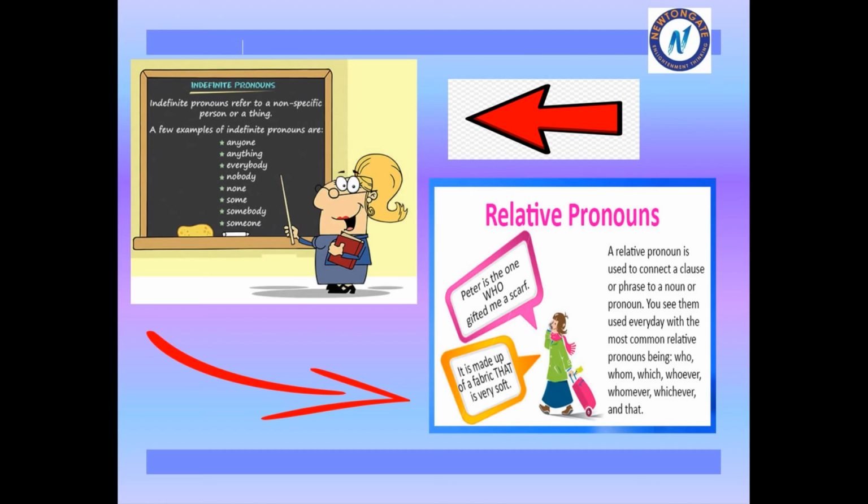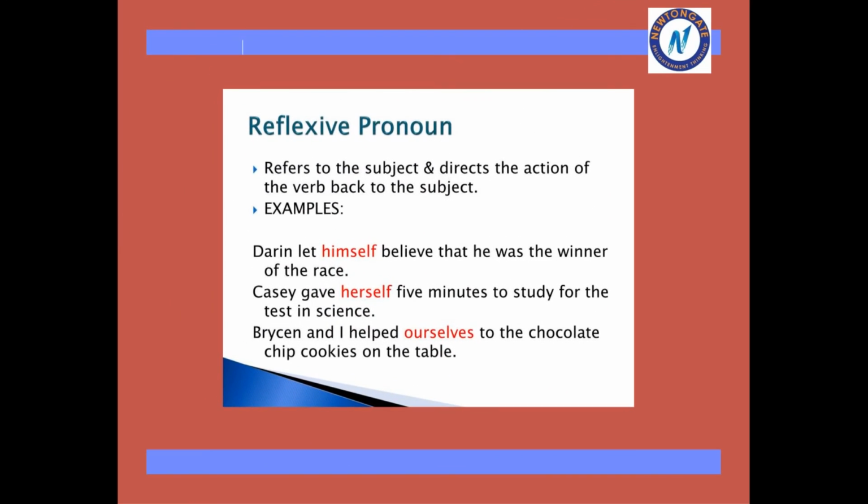Now what is a relative pronoun? A relative pronoun is used to connect a clause or phrase to a noun. Okay, so this one is a relative pronoun. Now reflexive pronoun. What is a reflexive pronoun? It refers to the subject and directs the action of the verb back to the subject.